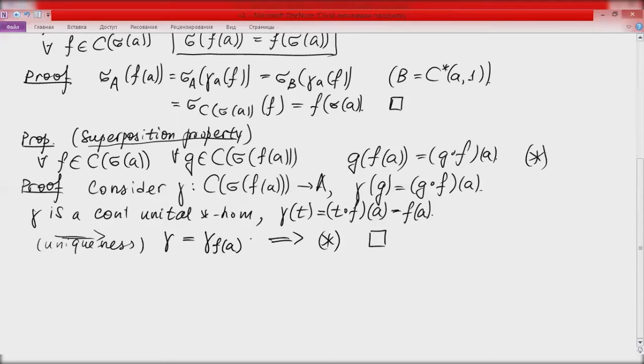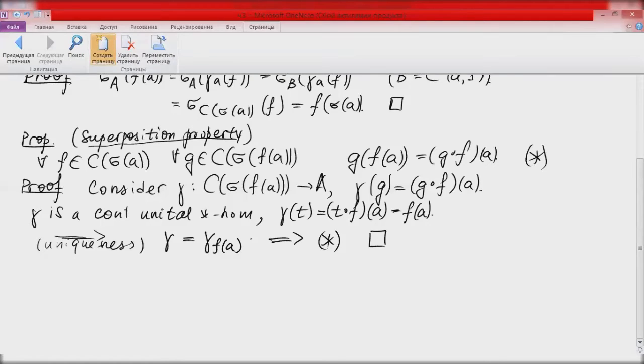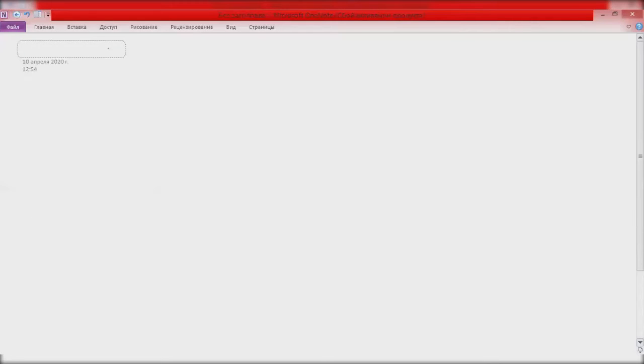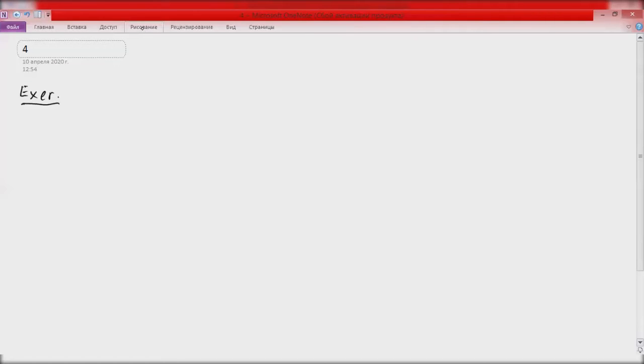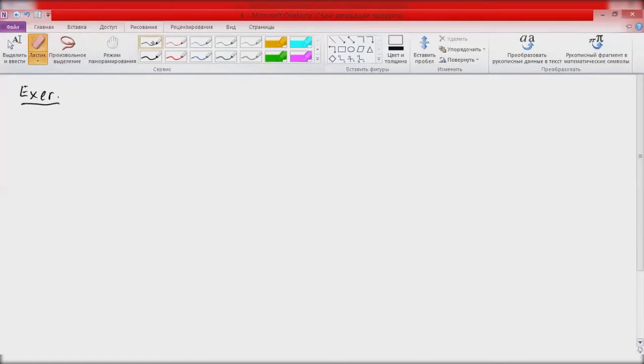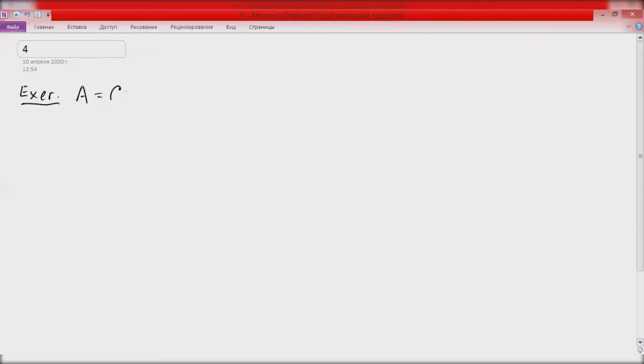Unfortunately, in some special cases, such an explicit formula exists. And here are two exercises. So two special cases in which we have an explicit formula for a functional calculus. First of all, suppose that A is the algebra of continuous functions on a compact Hausdorff topological space.